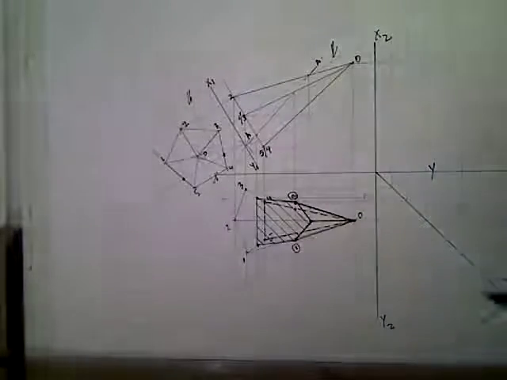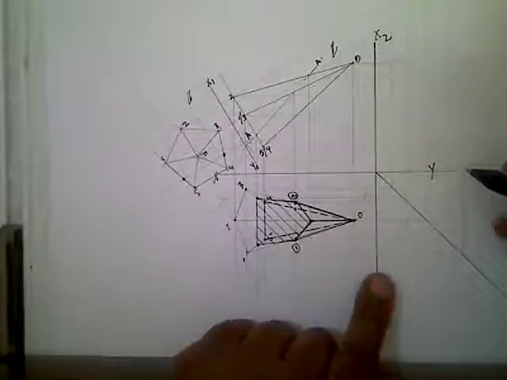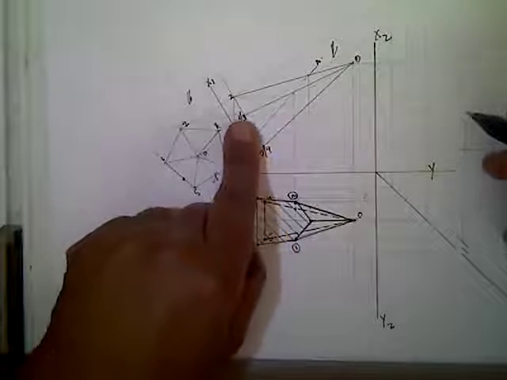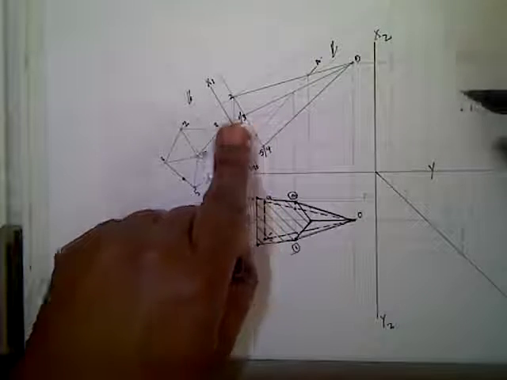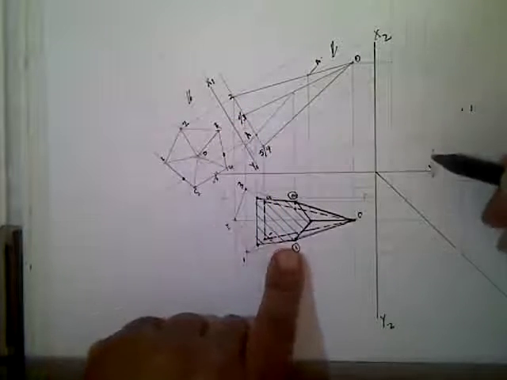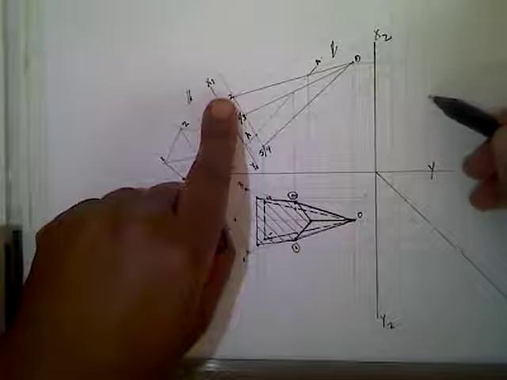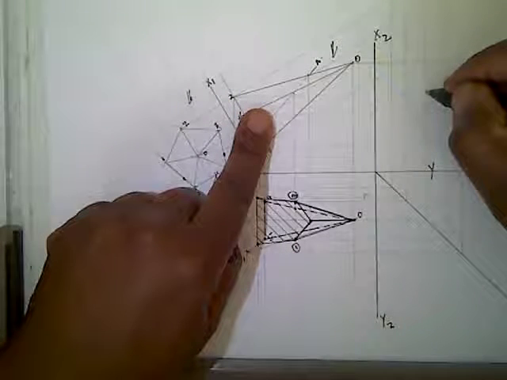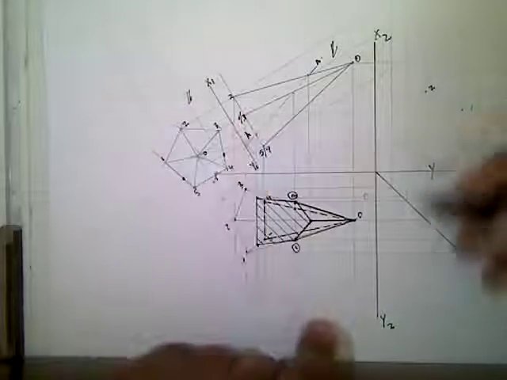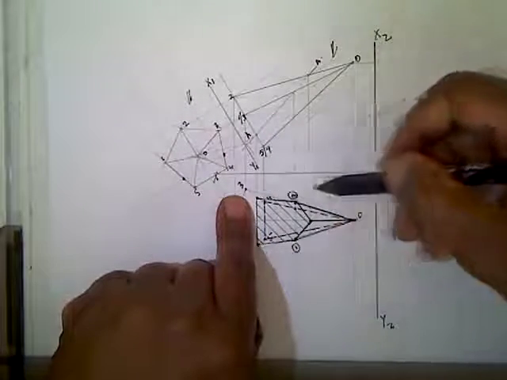Let's check now. 1 is here, 1 from the other side. 2 is this one. Where is 2? 2 is there. 3 is that one.